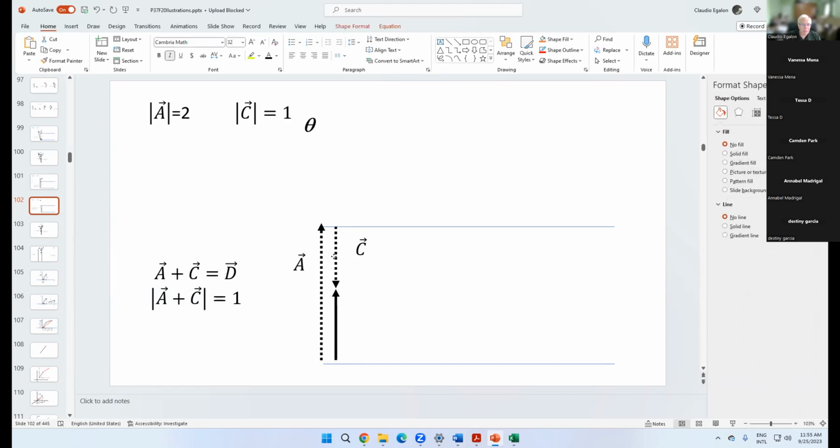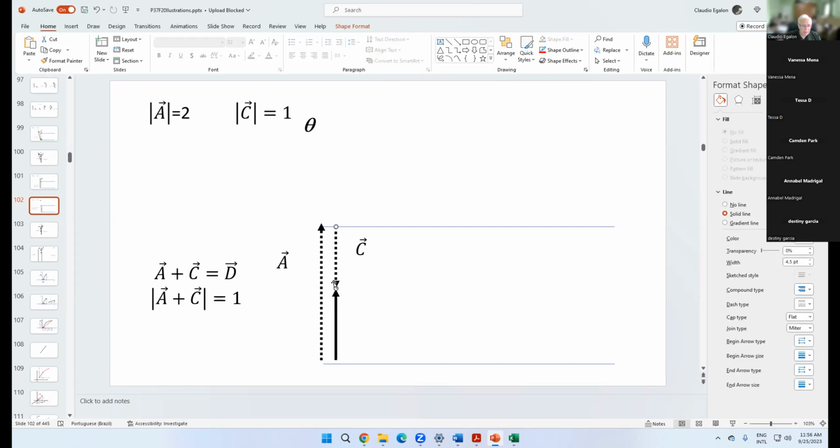Okay, so we go ahead and represent those two one-dimensional vectors as making a very small angle with each other. This angle that you see right in here must be equal to 0.